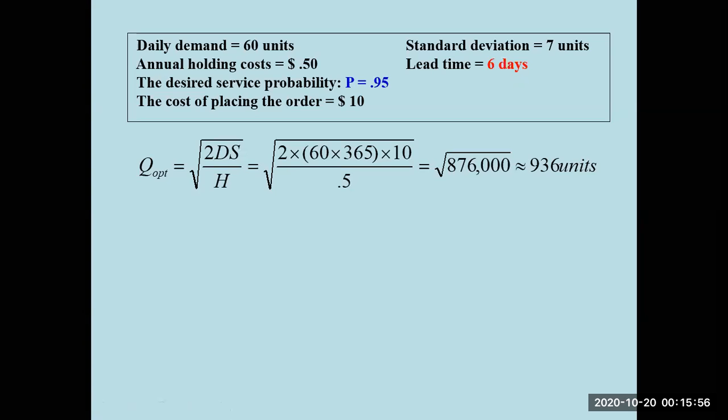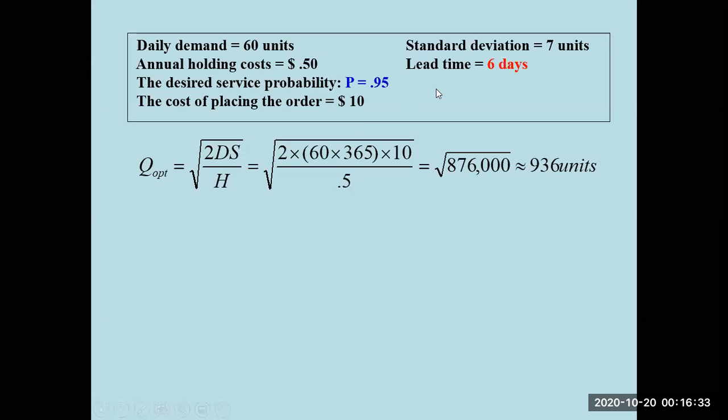Okay. For the basic model or the safety stock model, the order quantity is the same, so we use the same formula, square root of 2DS divided by H. The uppercase D is annual demand, but daily demand is given, so convert this daily demand to annual demand.